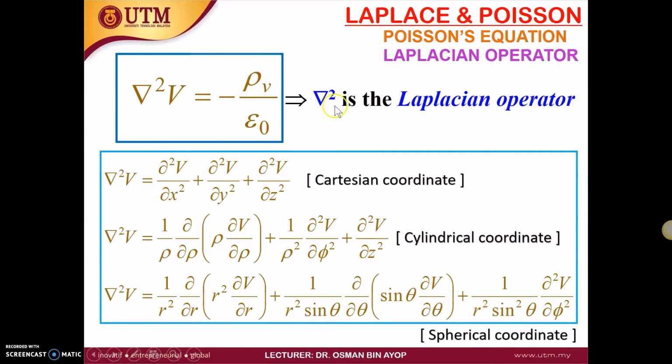Refer to these expressions. Del square refers to the Laplacian operator. The Laplacian operator can be in Cartesian coordinates, cylindrical coordinates, or spherical coordinates. In each coordinate system we have the variables involved, such as x, y, z for Cartesian coordinates, r, phi, z for cylindrical coordinates, and r, theta, phi for spherical coordinates.